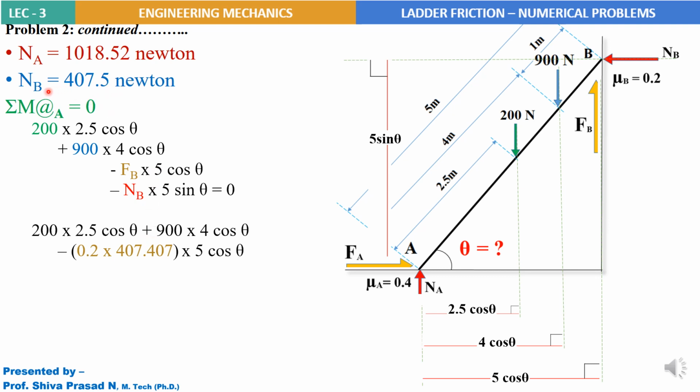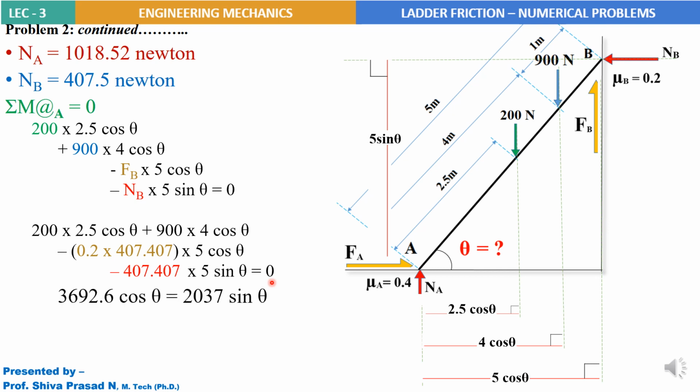So NB is approximately 407.5, which we are substituting here, into 5 cos theta, minus NB, again substituting the NB value 407 into 5 sin theta equal to 0.